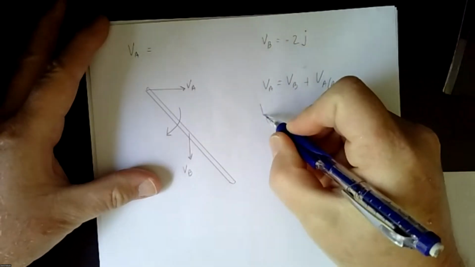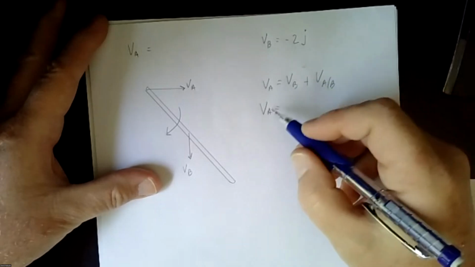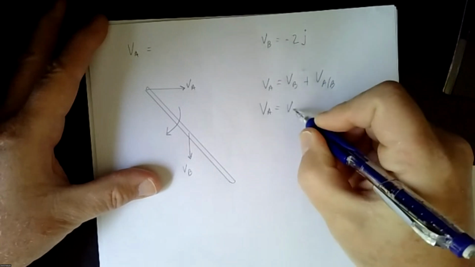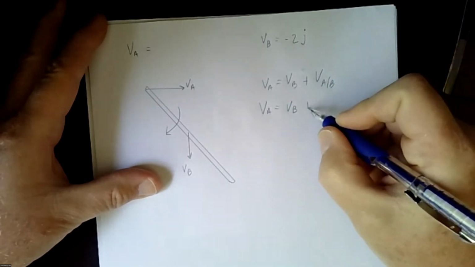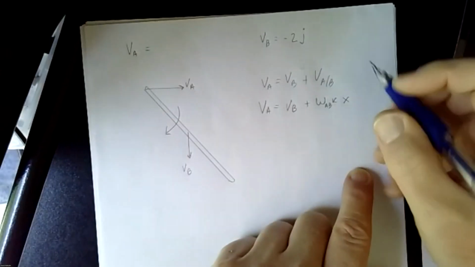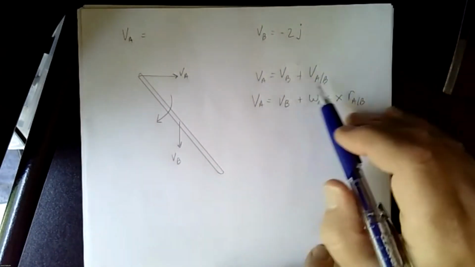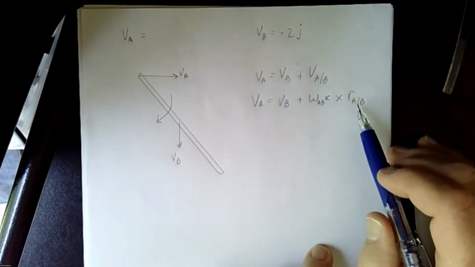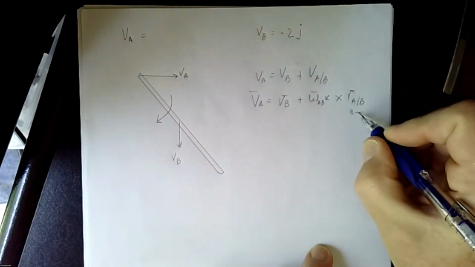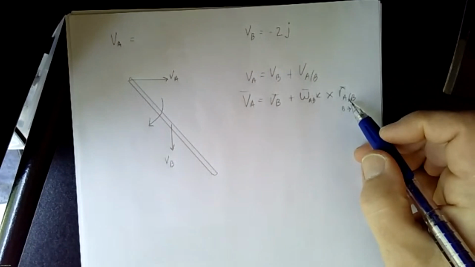And furthermore, we're going to write that because we're choosing A relative to B, then we're going to write this as VB plus omega AB in the K crossed with our A relative to B. So if you need to keep track, just remember that when you write this equation, AB, AB, means this vector has to go from B to A, so that there's no confusion.